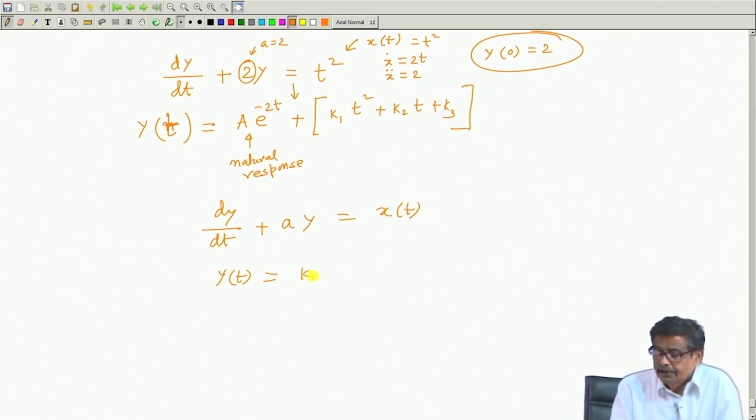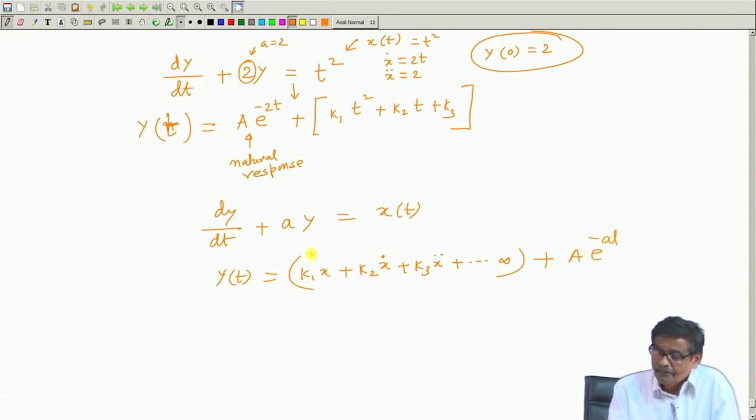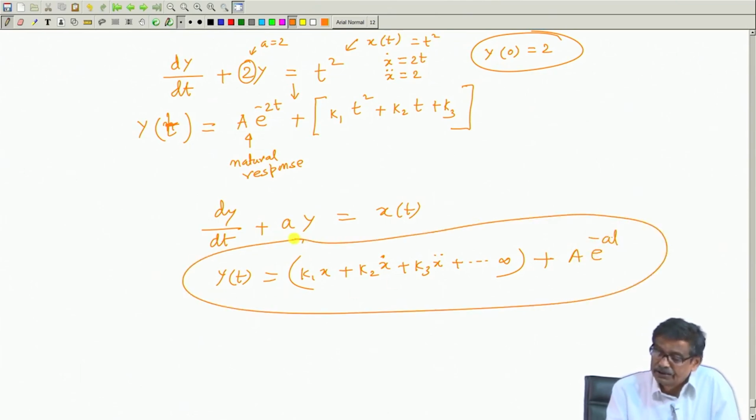You understand the term linear combination: k1 into x plus k2 into x dot plus k3 into x double dot, these are constants up to infinity, of course, do not forget to write that. Plus the solution due to the forcing function, and that will be e to the power minus a t. This is the thing I wanted to tell you, and I will also discuss it in the next class.